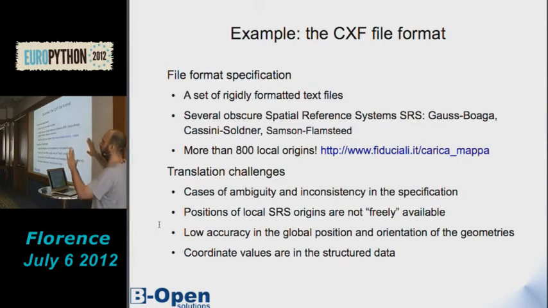But the whole file may be translated and may even have a rotation. At the global level, you may have errors of 100 meters. So you have to include a way to correct the data before you can actually use it.